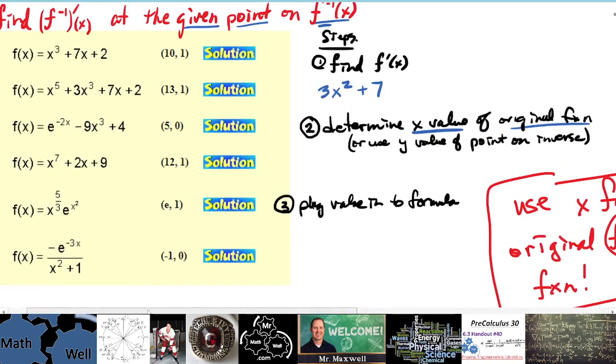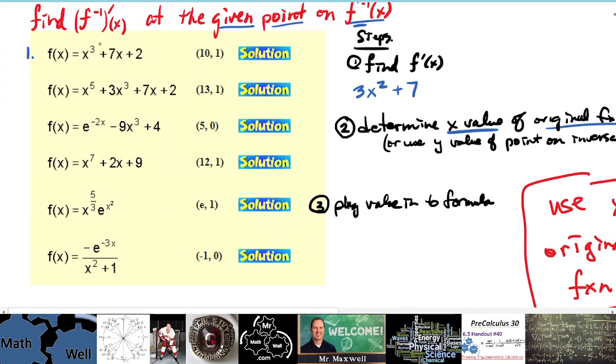You can quickly check this pretty easily, and this is how you do it. You go back to your original function, and if you want to check this, you plug in 10 for x, and this is not going to equal 1 on the other side, is it? Instead, we put in 1 here: 1 cubed plus 7 times 1 plus 2, that equals 10.